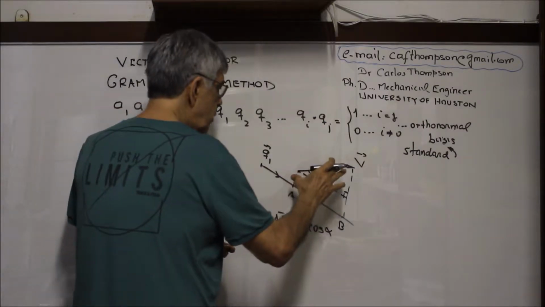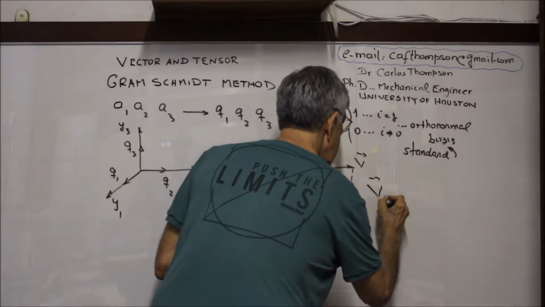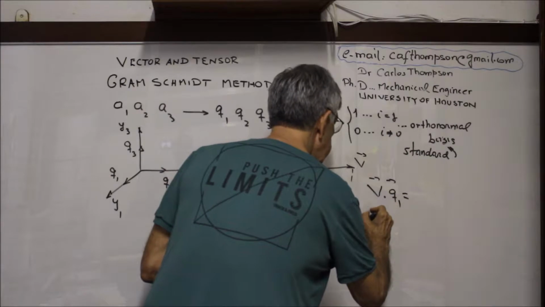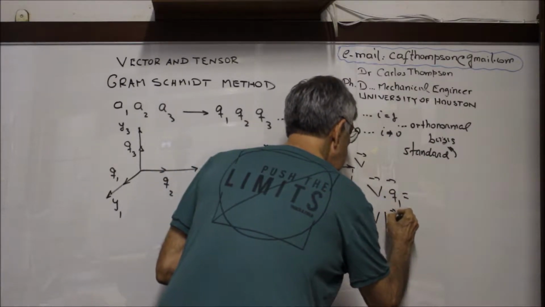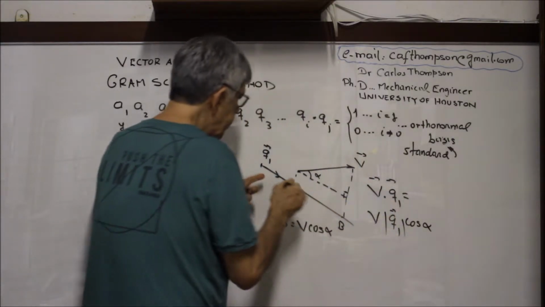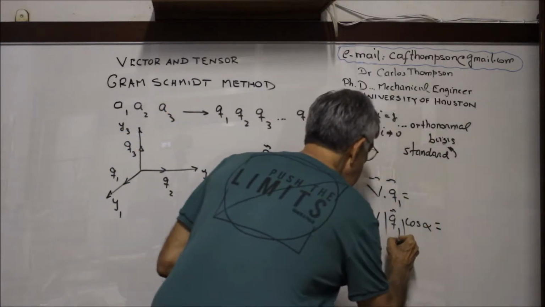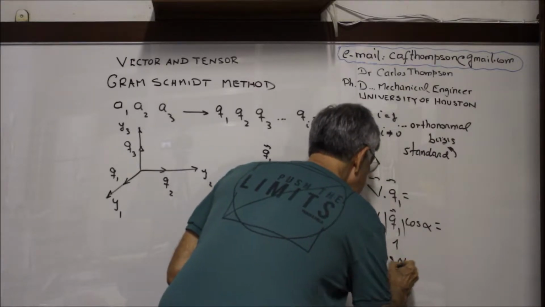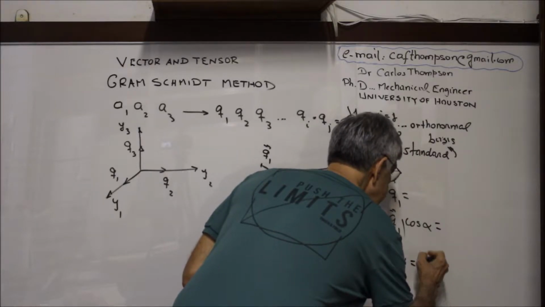Look, I will do the dot product of this vector v dot Q1. So this is equal to the magnitude of v times the magnitude of Q1 and the cosine of the angle between Q1 and v. So this is 1, so this is equal to v cosine alpha, which is exactly the segment, the scalar.